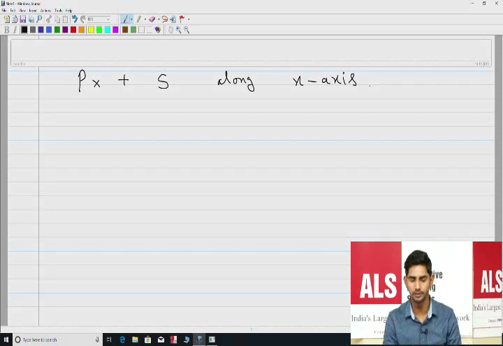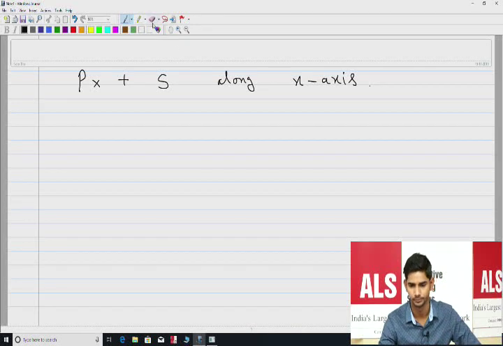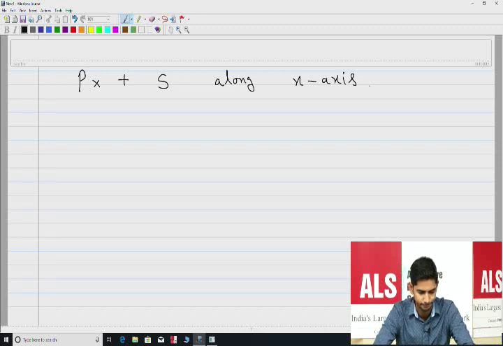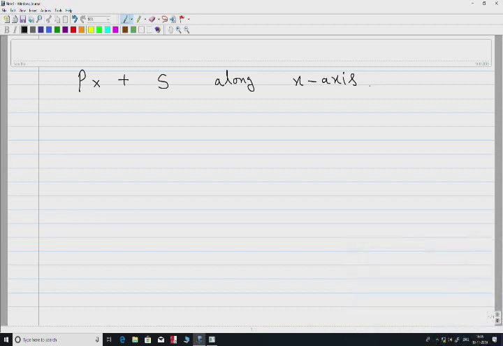Tell me whether the given overlap would be positive, negative, or the zero. Okay. Shillong, what do you say?